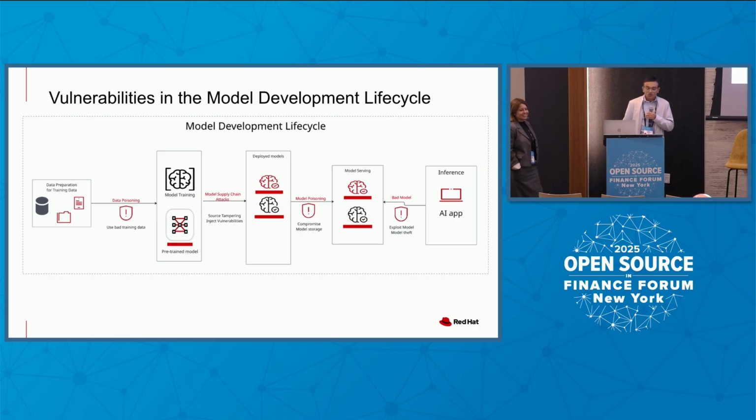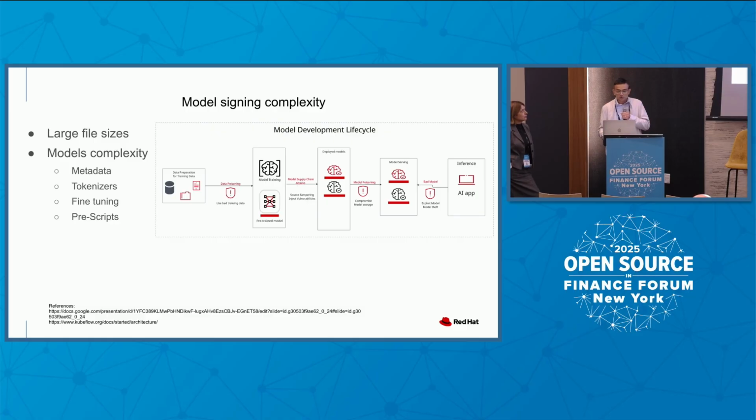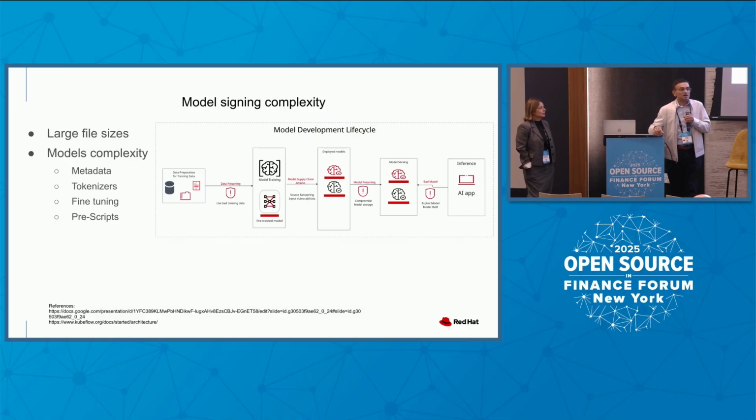So why is it important to secure your models and your other AI assets? Because just like an SDLC, you are vulnerable to many types of attacks, even in an AI application, and more so, right? Now, can we use the same signing tools we use for signing, say, an ISO package?